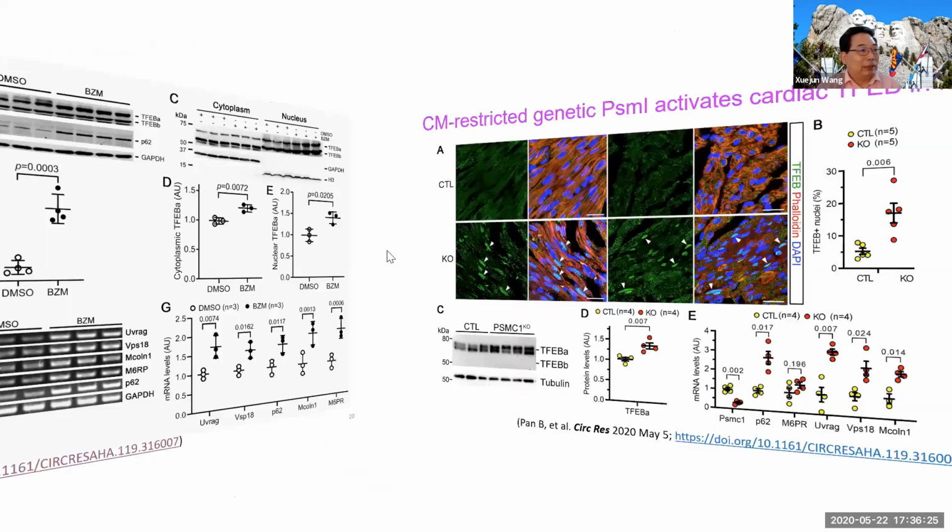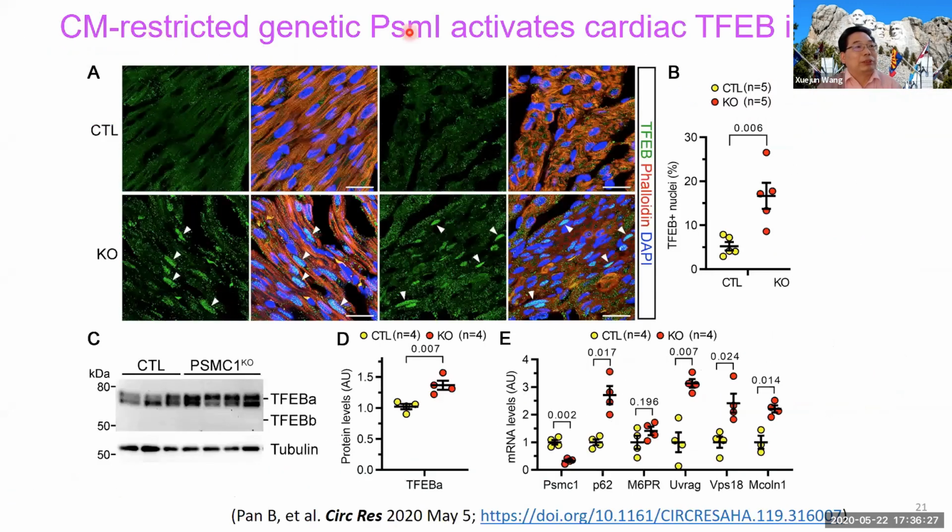How about genetically inhibiting the proteasome only in cardiomyocytes? For this we went back to our PSMC1 knockout. As you can see here, the nuclear translocation of TFEB certainly increased, because there are a lot more TFEB-positive cardiomyocyte nuclei in the knockout heart compared to the legitimate control hearts.